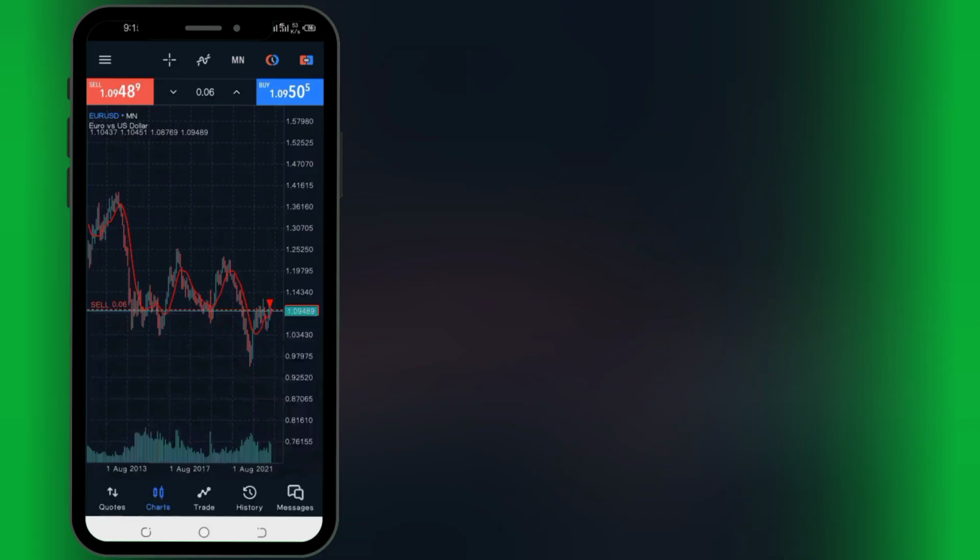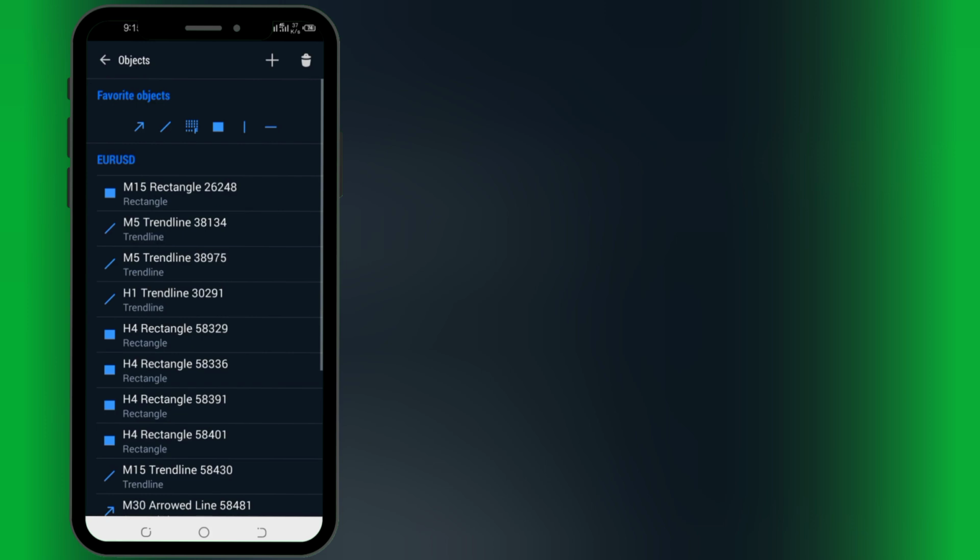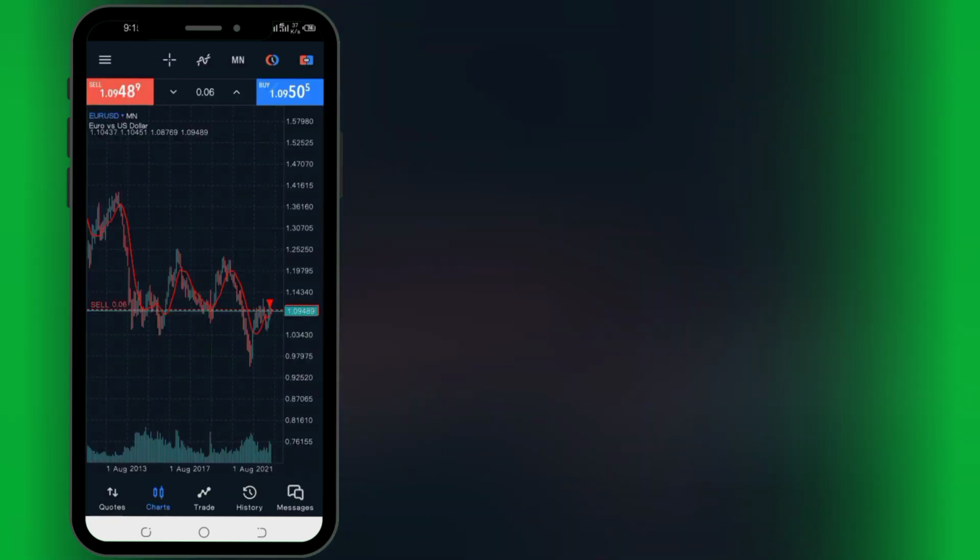So after I see that, the next thing I will do is use my trend line to plot my key levels. As you can see right here, this is my trend line in the higher time frame.